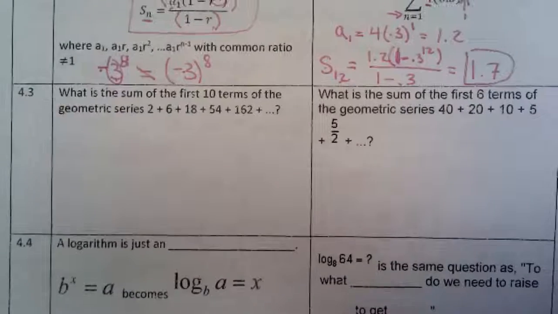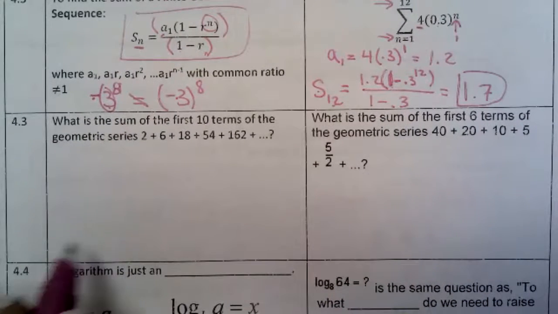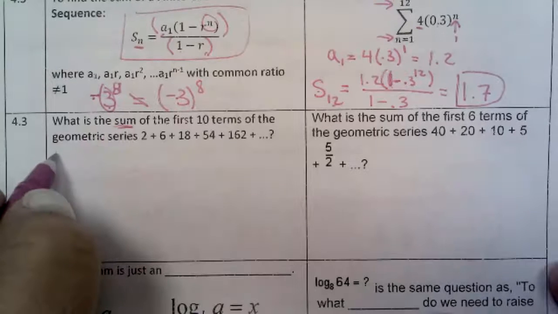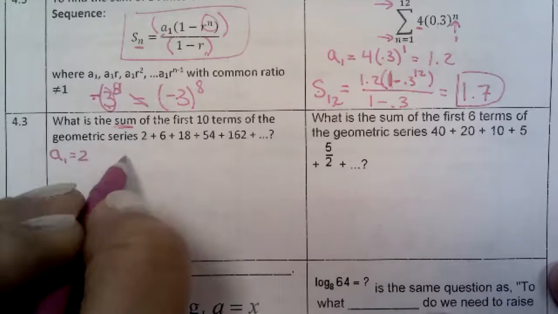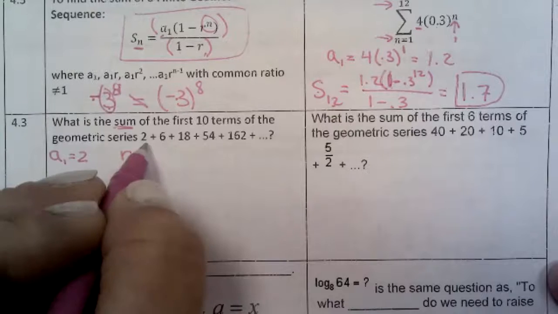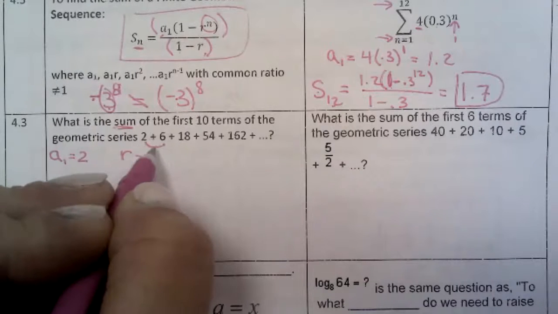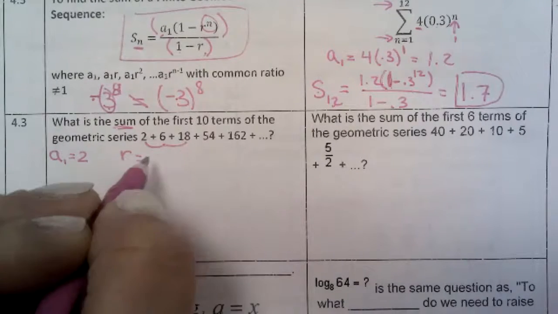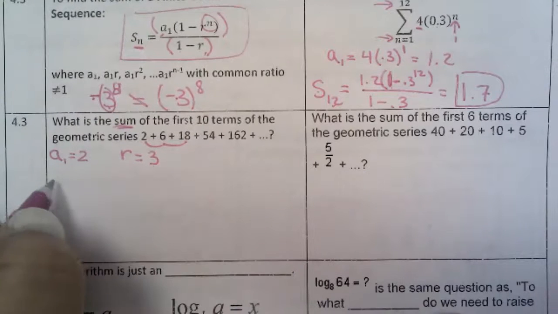So the next question is the same thing. It's asking for the sum of the first 10 terms. So A sub 1 is 2. We need to find our r. So 2 times what gives us 6? 2 times 3. 6 times 3 is 18. So our r is 3.